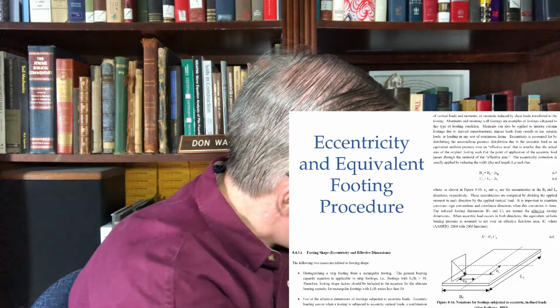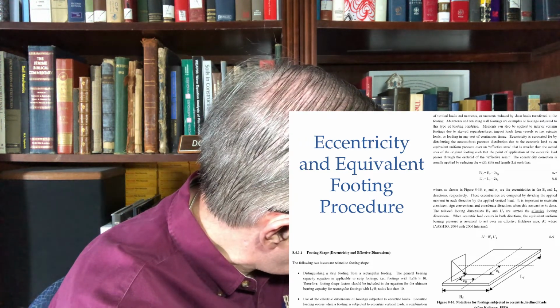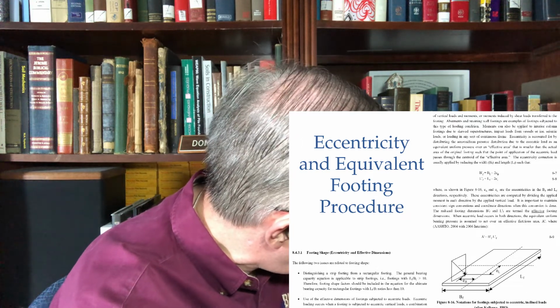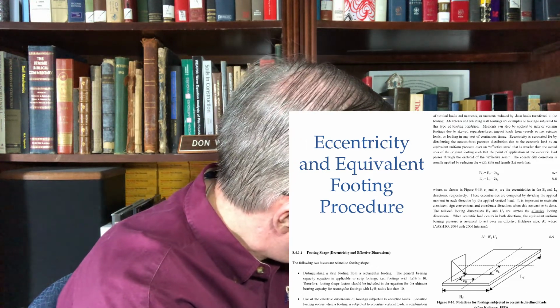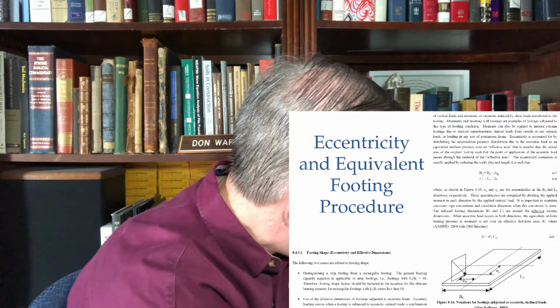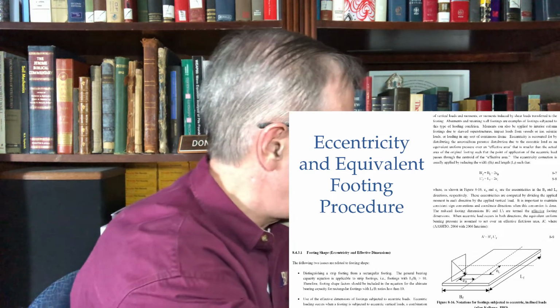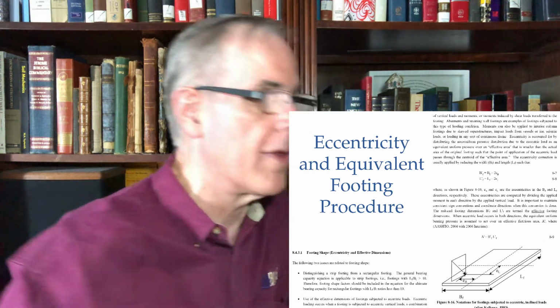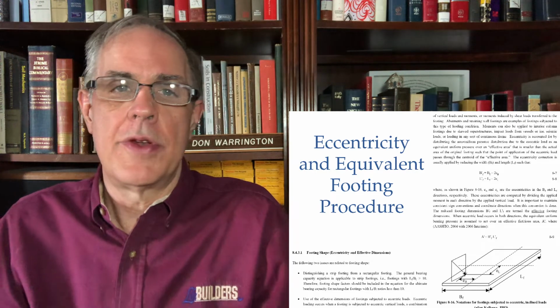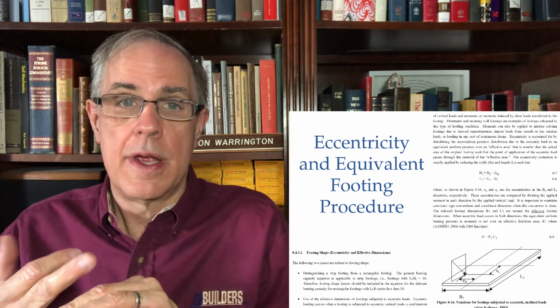We have a full-size foundation, and if a load is eccentric in just one direction, then what we do is reduce it using this formula, and if it's in two directions, we use both of them. We'll end up with a new B sub F reduced and a new L sub F. And we use that.